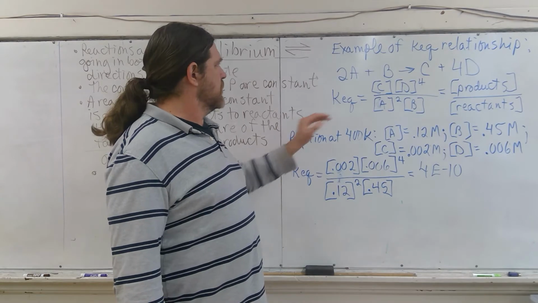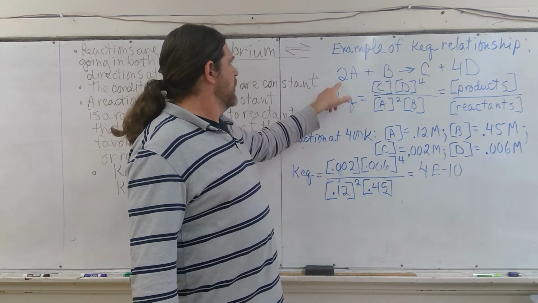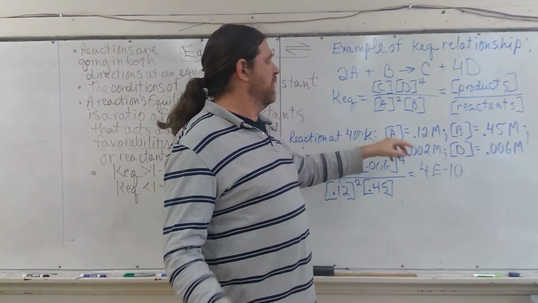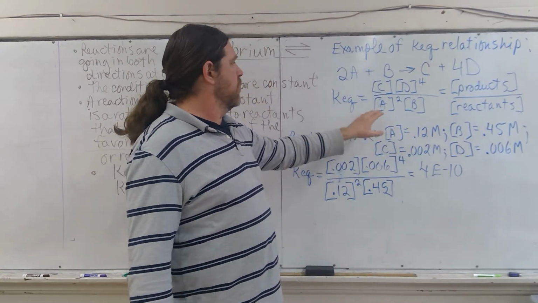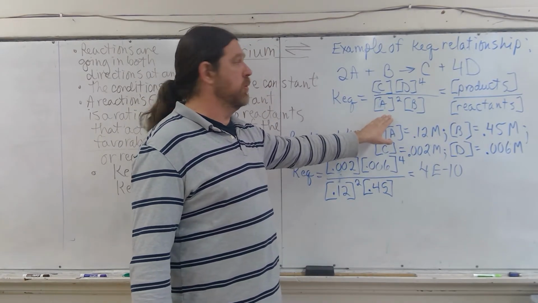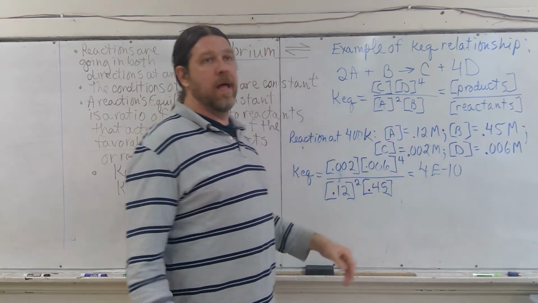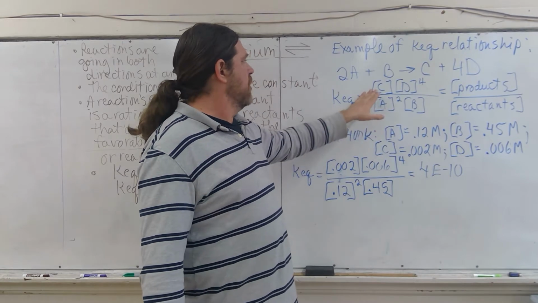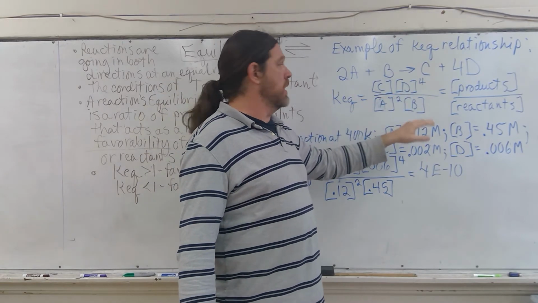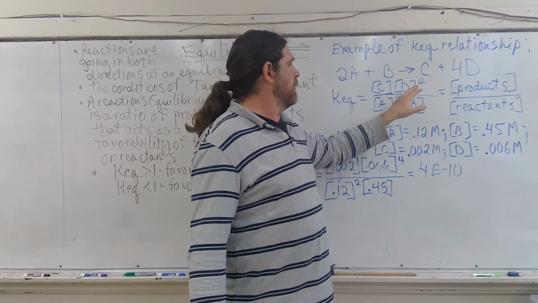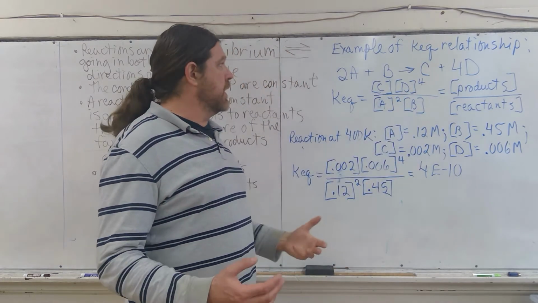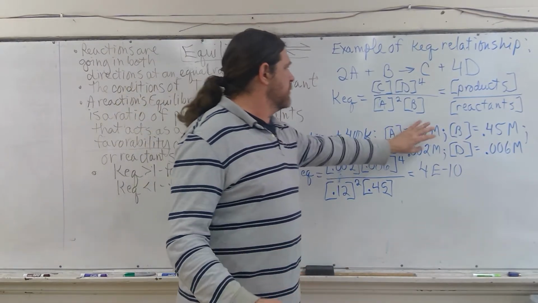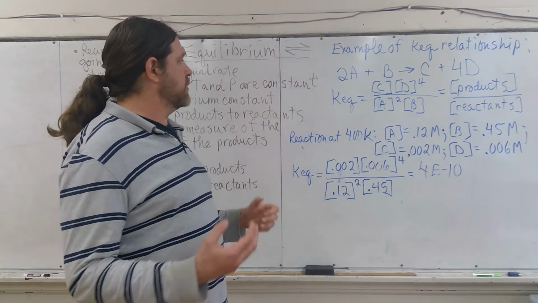As we can see here, we have 2 molecules of A for every 1 molecule of B, and that is borne out with a powering of 2 for A and an implied 1 for B, whereas on the product side, we have 1 C for every 4 Ds, and then that 4 is represented as an exponent. And so by knowing the known concentrations, we can work out this constant.